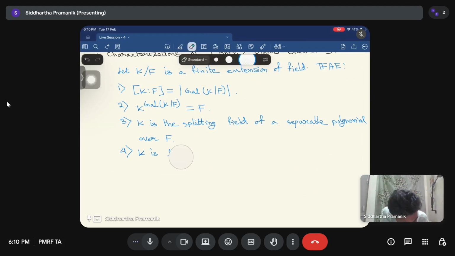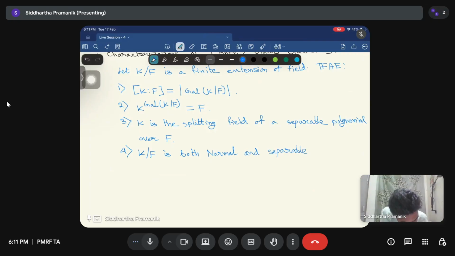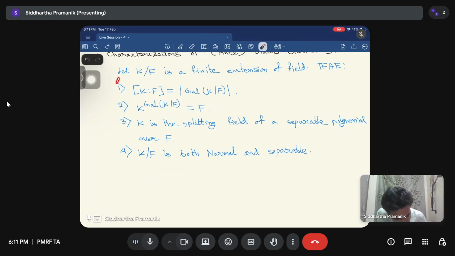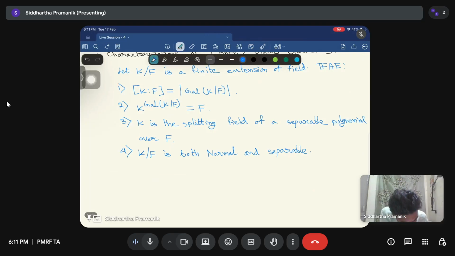So K over F is both normal as well as separable. So we have these four equivalent conditions for an extension to be Galois.